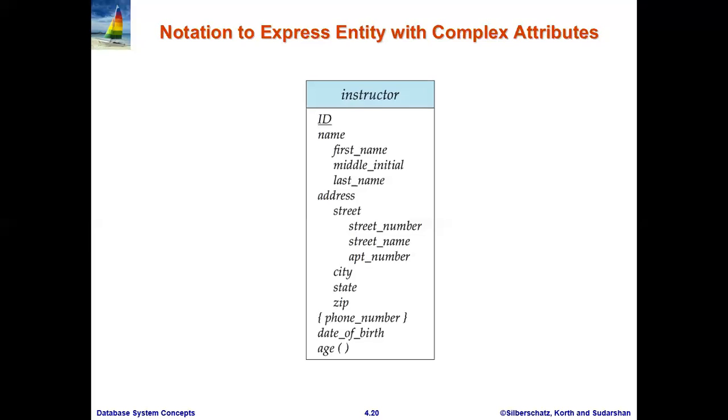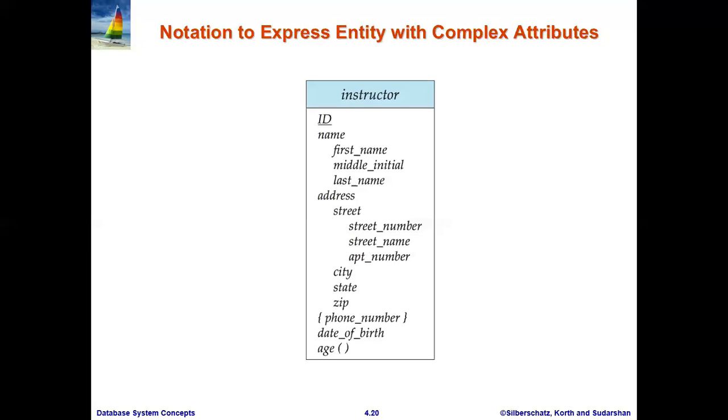In address, the street is there. Street again we can say is a composite attribute. Street will have street number, street name, apartment name. Now if we consider city, city is a simple attribute. State, simple attribute. Zip, zip is a single valued attribute.